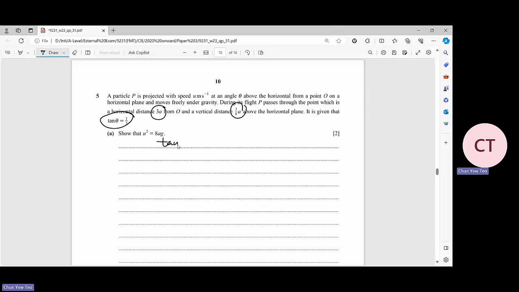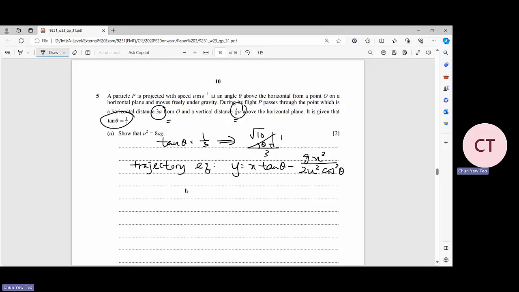So over here, we start from tan theta equal to 1 over 3. We build a small triangle here, so 10. They give you x, they give you y. What we need to do is just use the trajectory equation. y is equal to x tan theta minus gx squared over 2u squared cos squared theta.